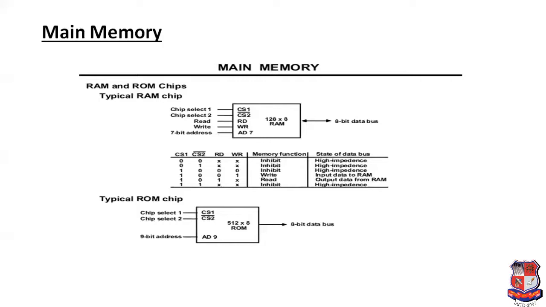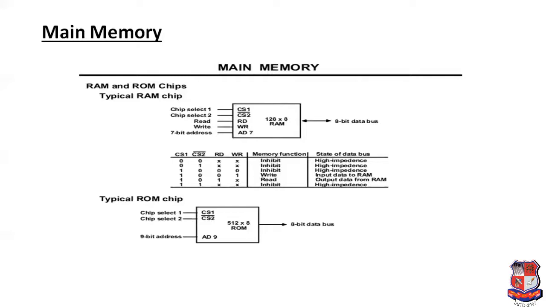There are two chip select signals, CS1 and CS2, where CS2 is the complement of CS1. There are two data transmission signals, read and write, shown as RD and WR respectively. There are 7-bit address signals, that is AD0 to AD6.